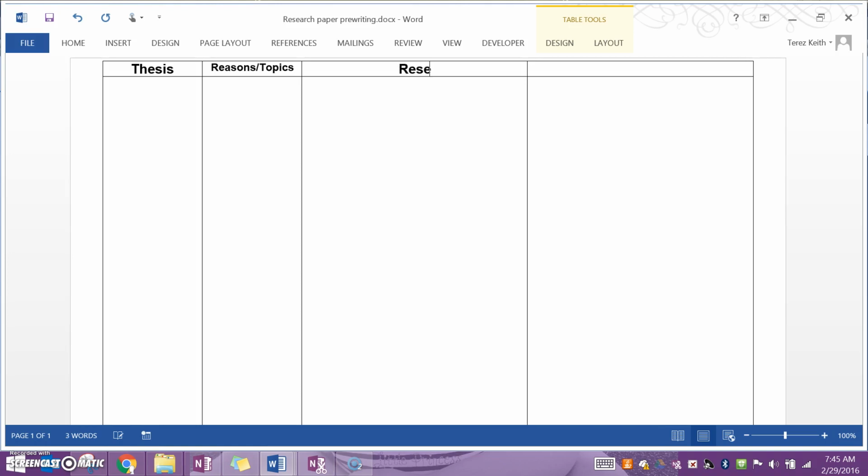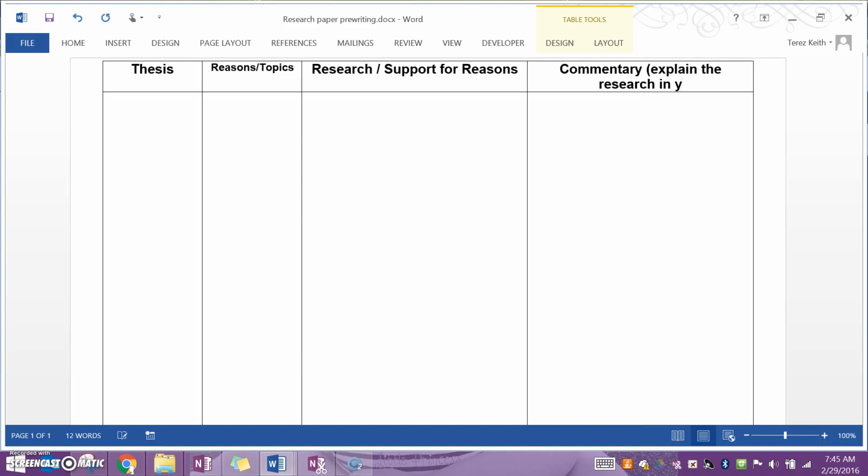Third box is going to be for your research that you collected on your index cards. And the last box is your commentary, and that will explain the research in your own words.